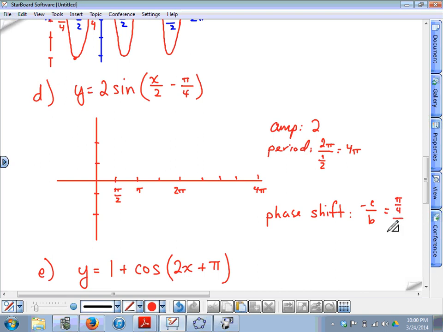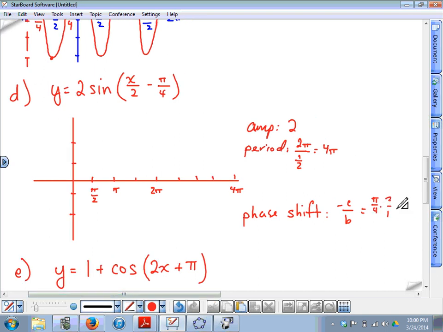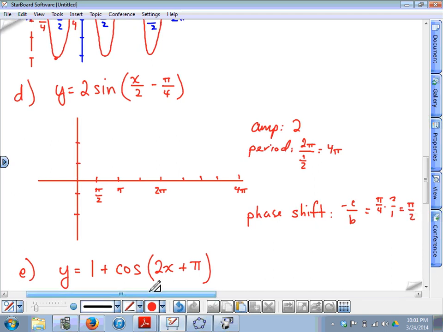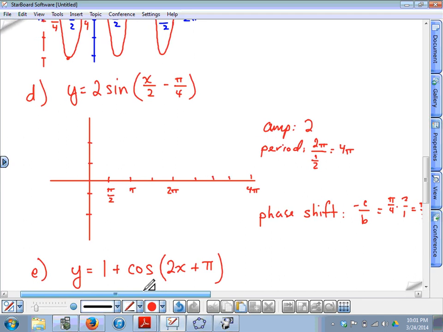That's going to be divided by b, which is 1/2. Now remember, dividing by 1/2 is exactly the same as multiplying by 2 over 1. So pi fourths multiplied by 2 is pi halves. So the phase shift here is pi halves. What that means is we're moving to the right by a factor of pi halves.